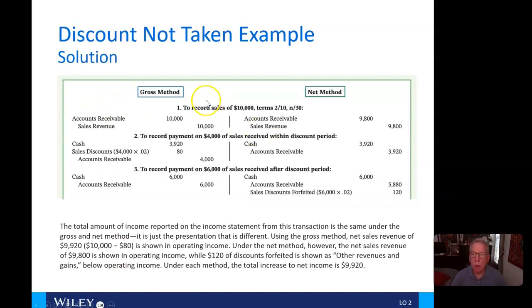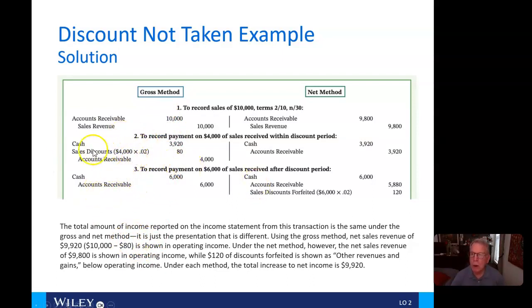Well, if we do the gross method, the one I'm most familiar with, we're going to debit accounts receivable and credit sales revenue. Of course, it does imply that accounts receivable are going to be collected to the tune of $10,000. However, it's not quite.